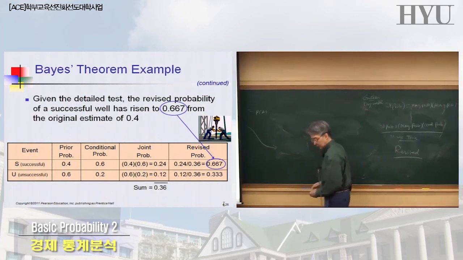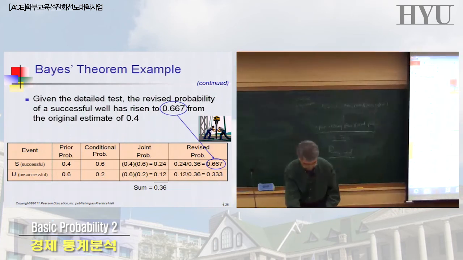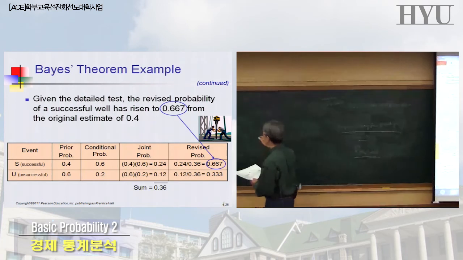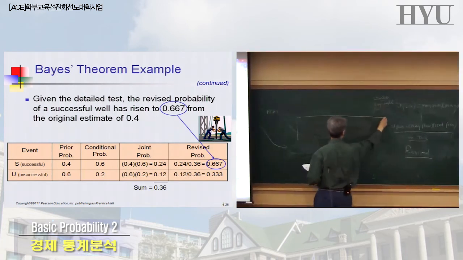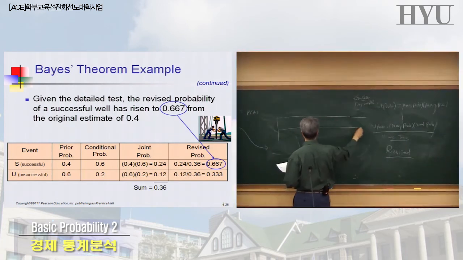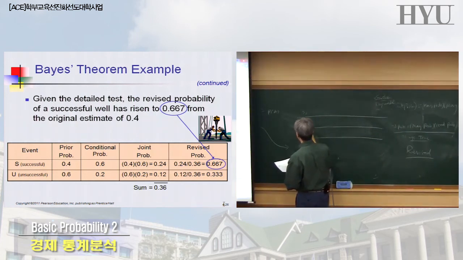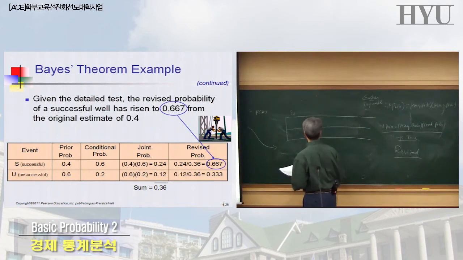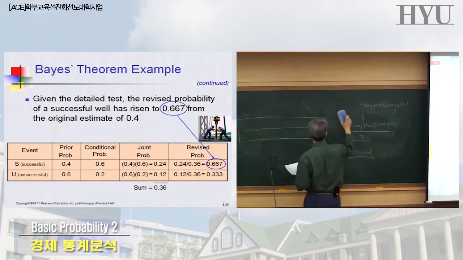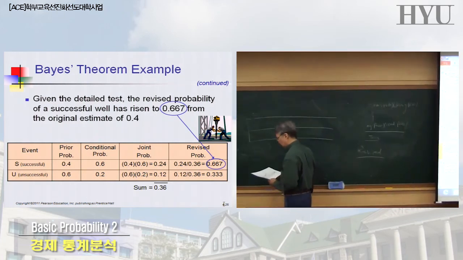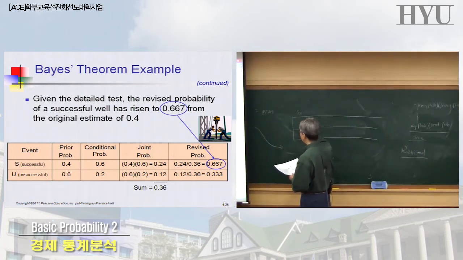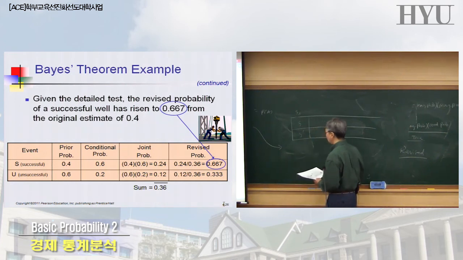You can write it this way: S_i, or event i. You write down the event success, the unsuccess.